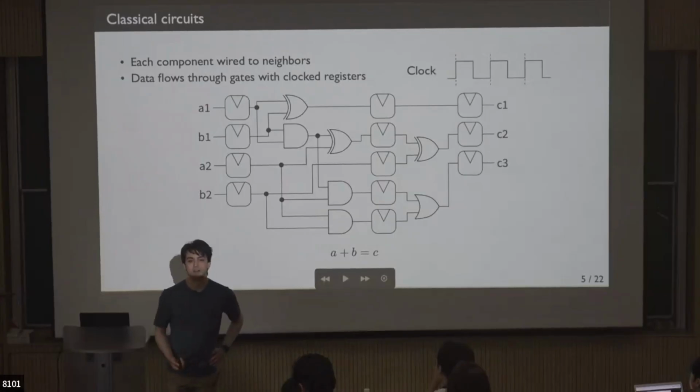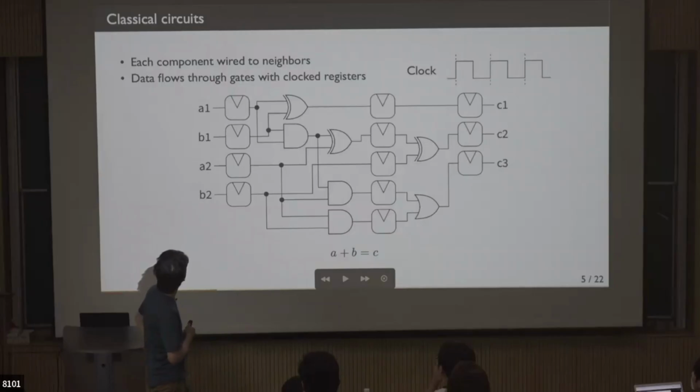These are registers. So is it moving from one register to another? That's right, yeah. If I set some initial data here, at the first rising edge this data is going to get propagated to here. It's going to flow through these gates. That takes some amount of time, but the system settles to that state.